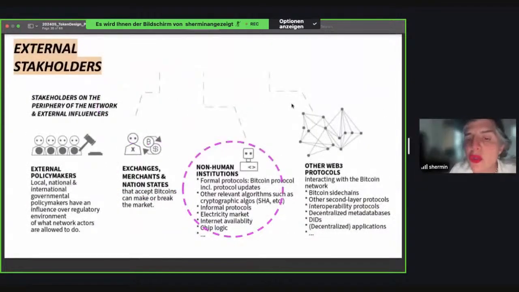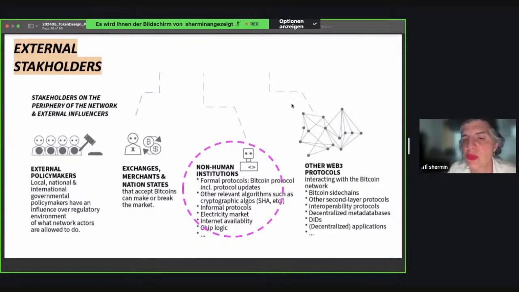You have non-human institutions, like hashing algorithms: if they change, if they improve, or if there are developments in quantum cryptography that could break certain hashing protocols, that would also influence the system from the outside.